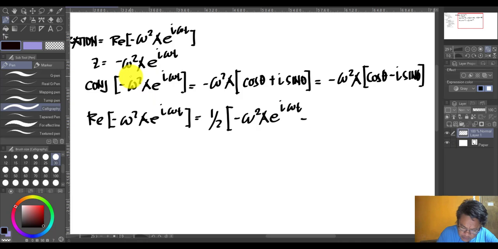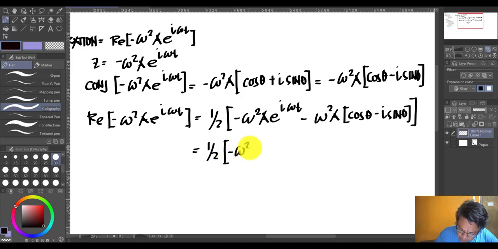The conjugate will be a negative value, so that will be angular velocity squared, a, cosine of theta minus i sine of theta. So close parenthesis, and this will be equal to 1/2.